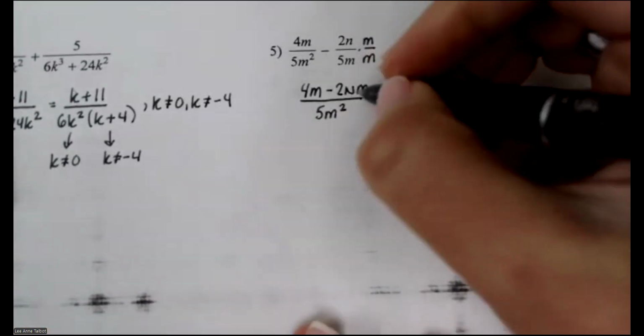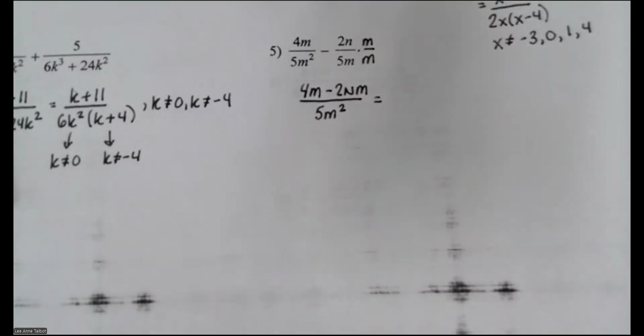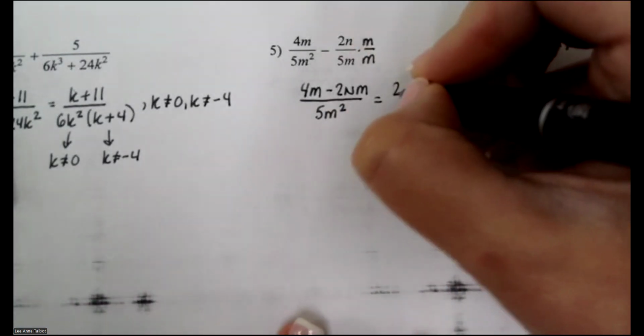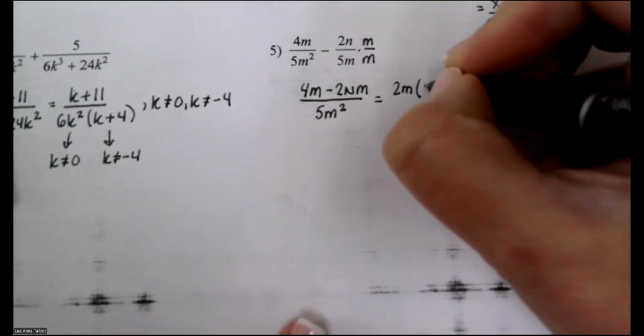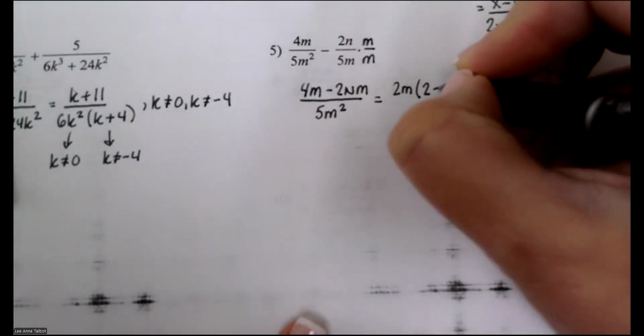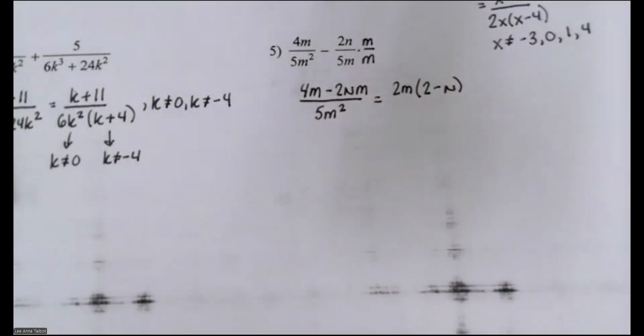Do I need to factor the top? Yeah. Okay, I'll show you why. 2m times 2 minus n. Is that right?